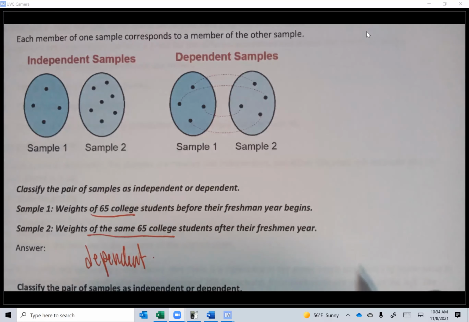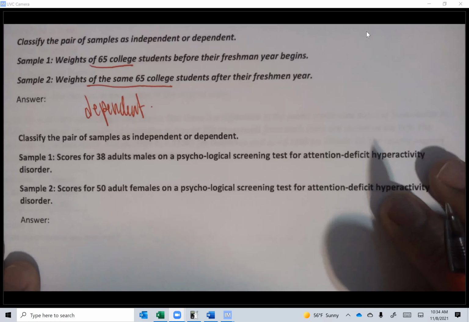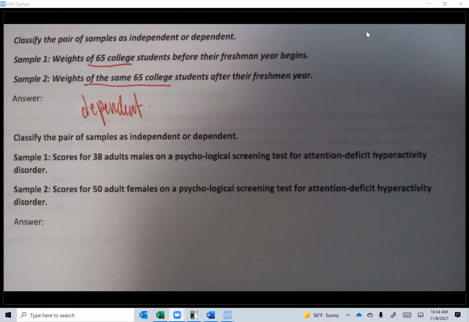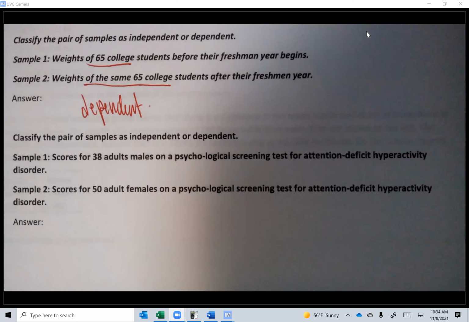Okay, let's clarify this and do some more. Scores for 38 adult males on a psychological screening test for attention deficit disorder. Scores of 50 adult females on a psychological screening test for attention deficit disorder.